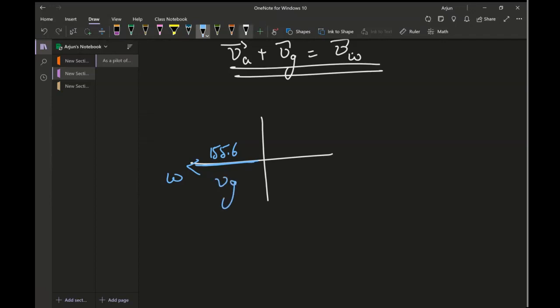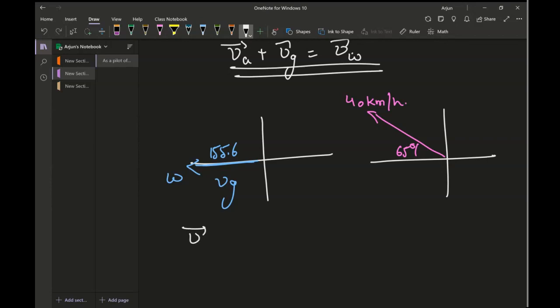And then another vector which is in the northwest direction. So this vector is somewhere in northwest direction. And this one is 40 kilometers per hour at an angle of 65 degrees north of west direction. So I can easily, first of all, find the component of both the vectors.